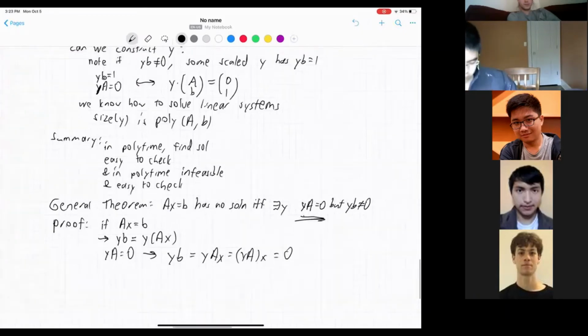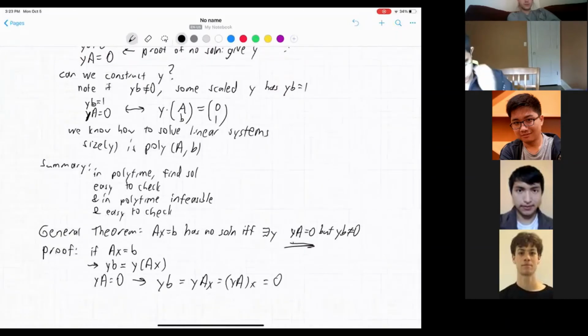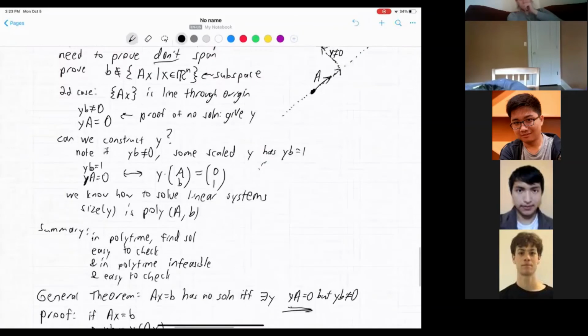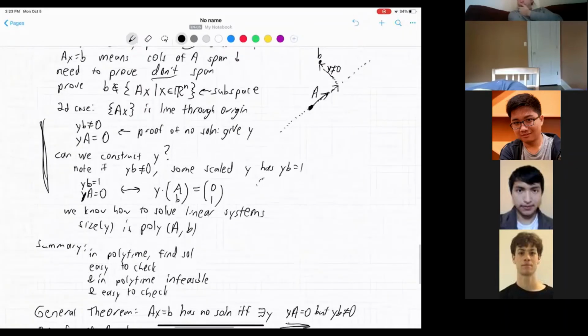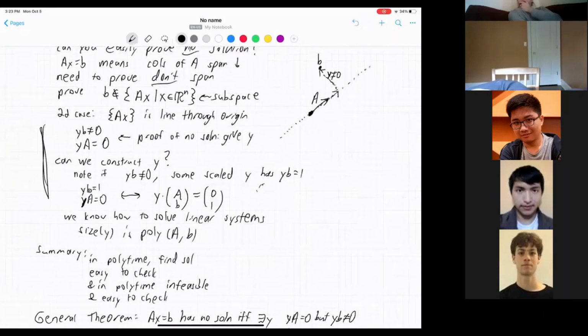So now we have an if and only if. Above, over here, I showed you that if there is no solution, then the perpendicular portion of B, the part that's not spanned by the vectors of A, becomes the Y that satisfies the requirement.